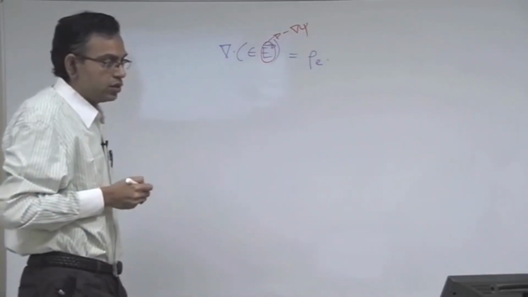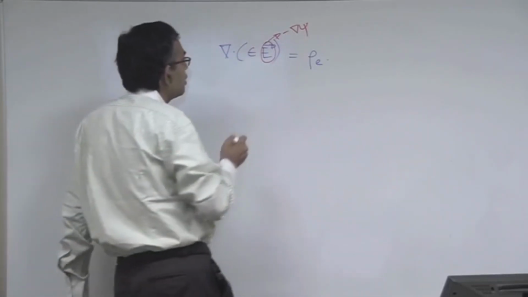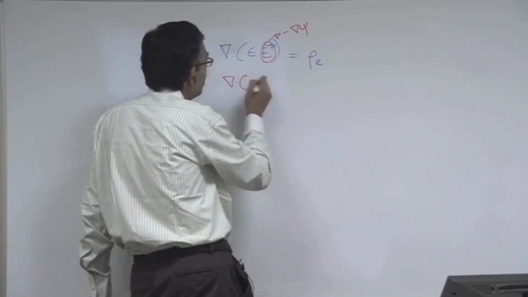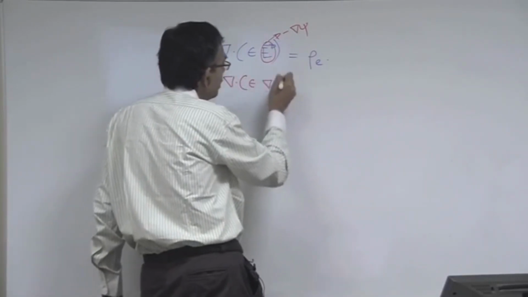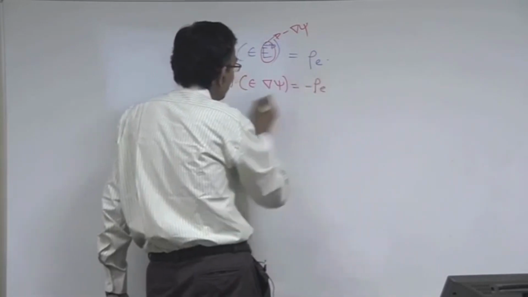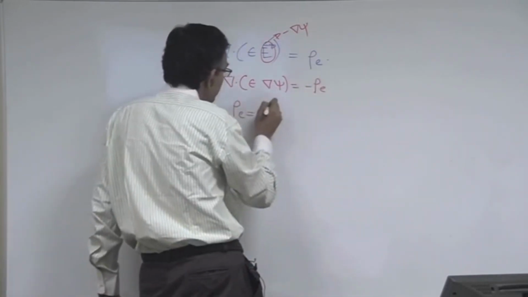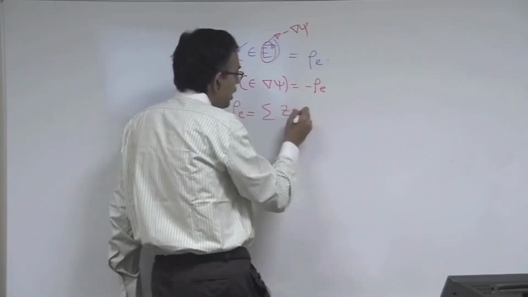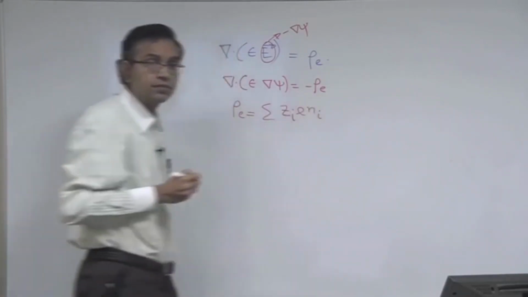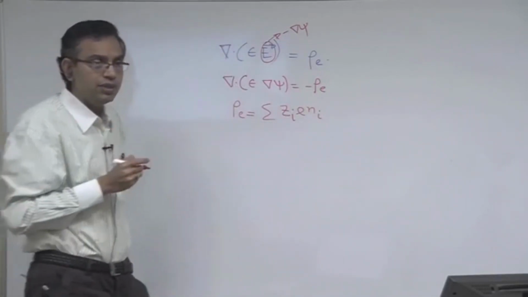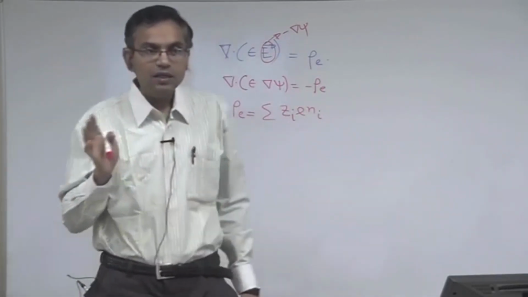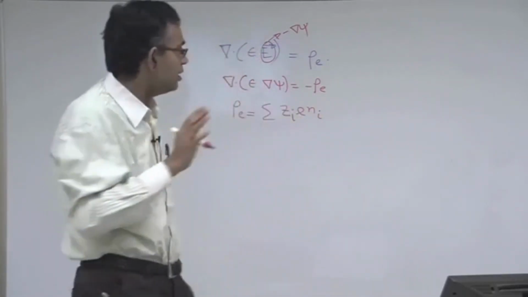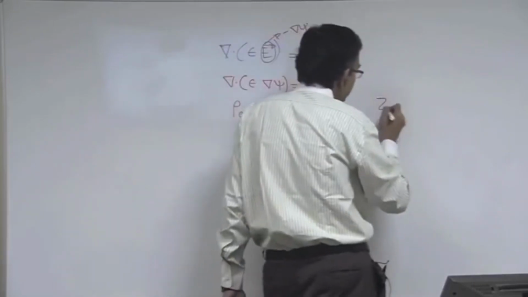So you have del dot epsilon del psi is equal to minus rho E. What is rho E? Summation of Zi E Ni. Let us assume as an example that there are two types of ions, one is Z plus, positive ion, another is Z minus.